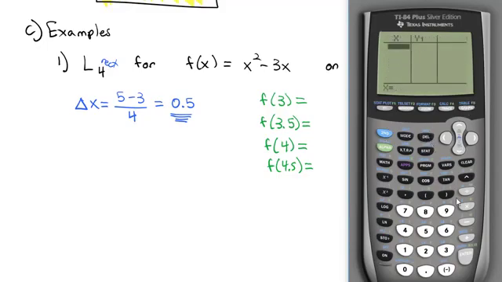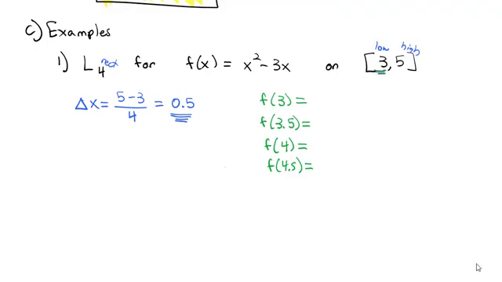Delete out these numbers I don't need. And we're interested in f of 3, f of 3.5, f of 4, and f of 4.5. And notice that gives us our numbers of 0, 1.75, 4, and 6.75.